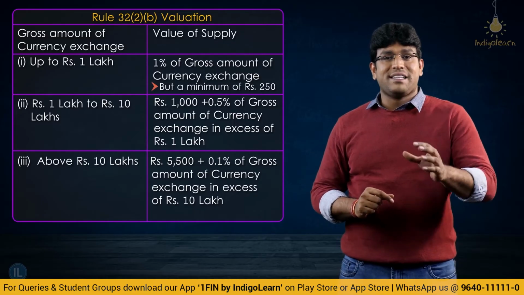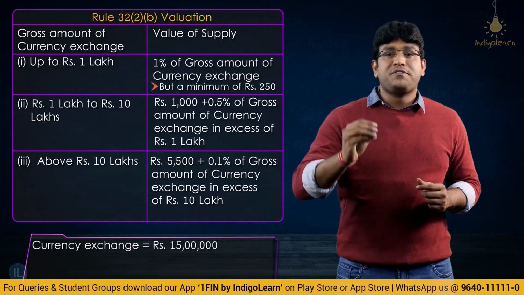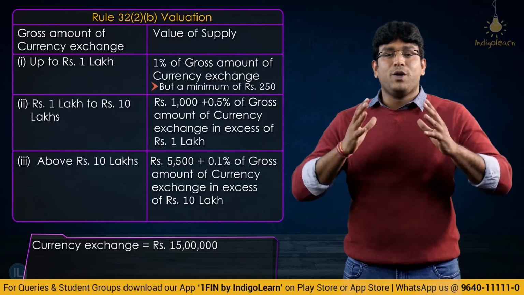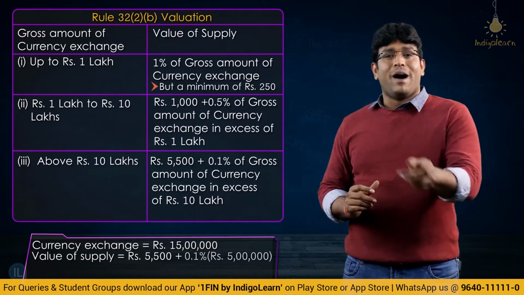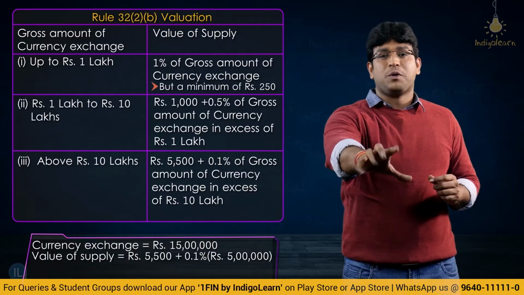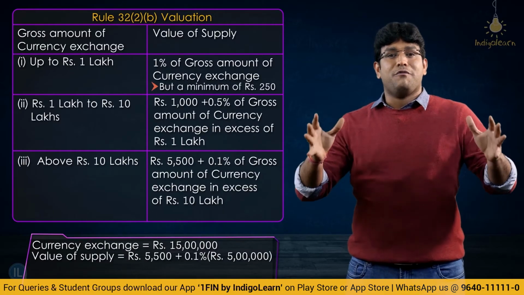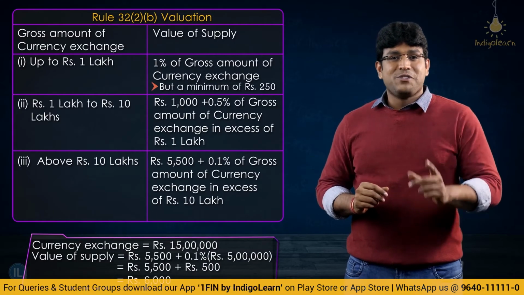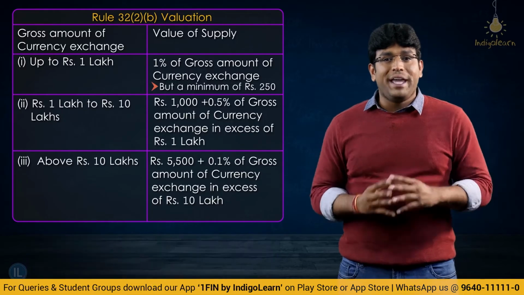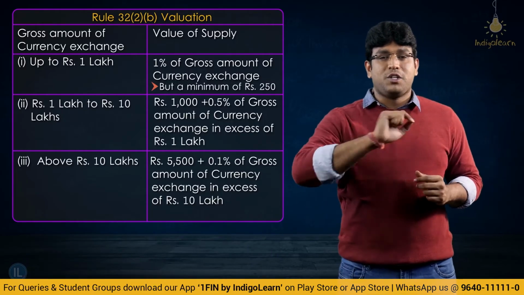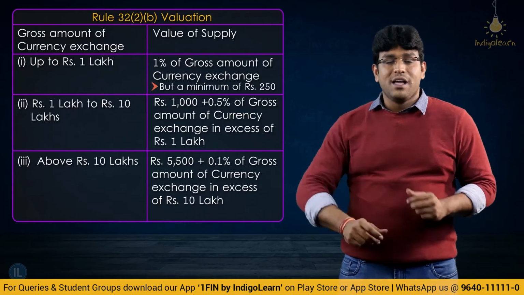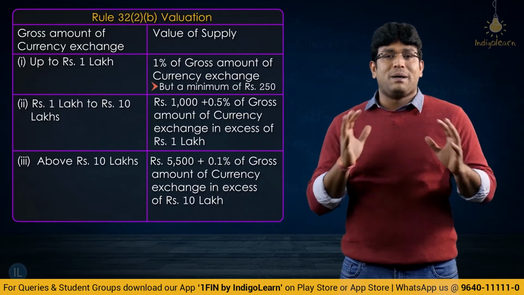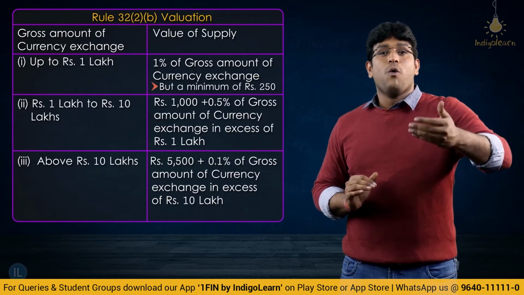So for example, let's say currency exchange is 15 lakh rupees. Then the value of supply will be 5500 plus 0.1% of 5 lakh rupees. That becomes the value of supply. So friends, what is the answer in 32.2b? Up to 1 lakh, 1% of currency exchange, minimum 250 rupees. 1 lakh to 10 lakhs, 1000 plus 0.5% of currency in excess of 1 lakh.